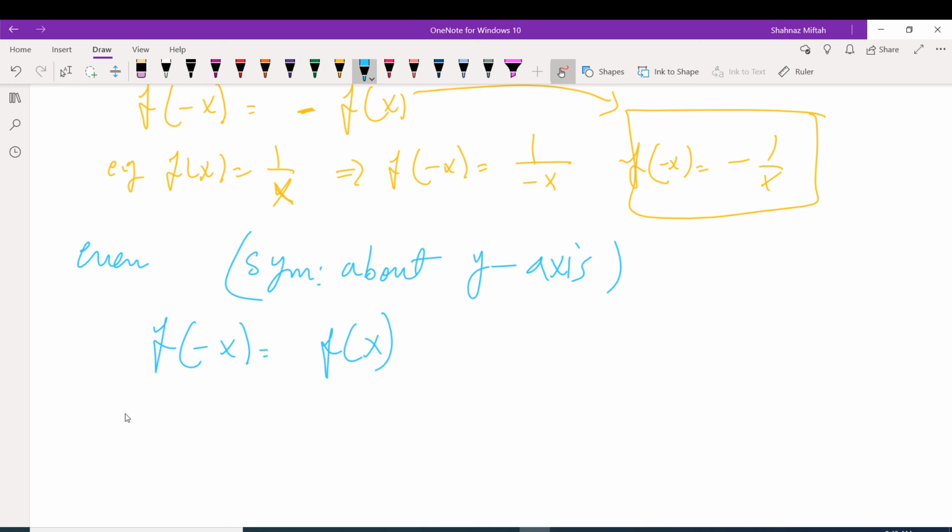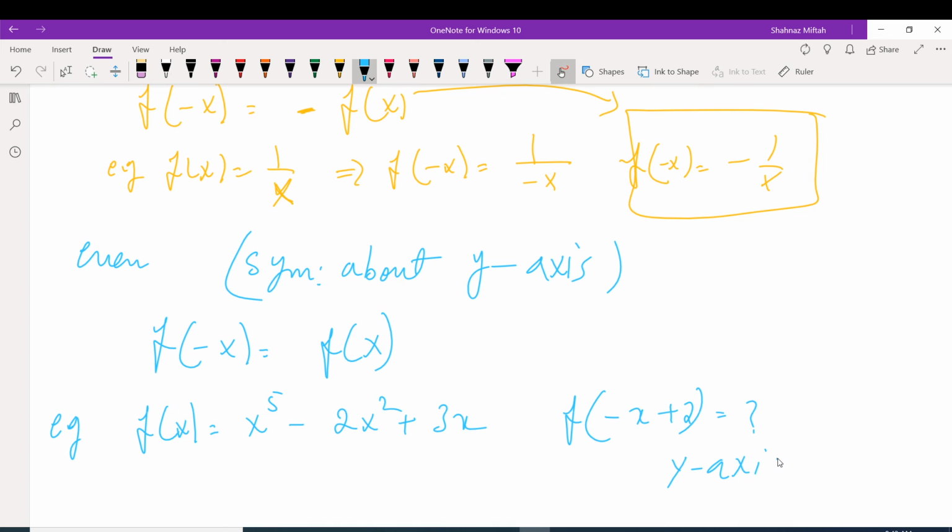For example, I have f of x equals x to the power of 5 minus 2x squared plus 3x, and I have f of negative x plus 2. The question is asking, is this a reflection across the y-axis?